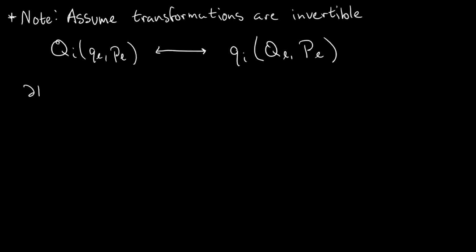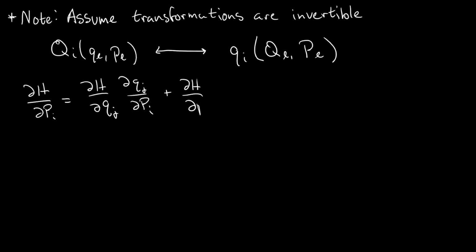So we have that dH dP sub I is going to be dH dq sub j dq sub j dP sub I plus dH dp sub j dp sub j dP sub I. This should be capital.